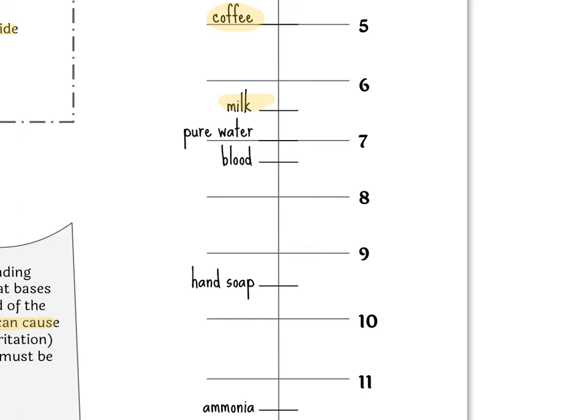And here we go. Here is pure water. Pure water is supposed to have a pH of 7. Lots of times it's more in this range over here, depending on where you get your water from. At about a 7.3 or 7.4 is blood. Blood is very near neutral, but it is slightly more basic.